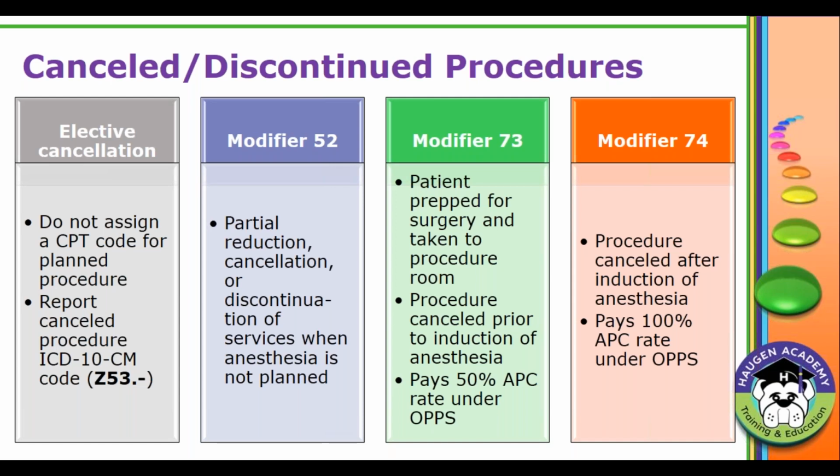Modifier 74 is the procedure cancellation after induction of anesthesia, and when you append modifier 74 to your procedure code, you get 100% of the APC rate under OPPS. You can see that that makes a pretty big difference in payment between modifier 73 and 74. By the way, modifier 52 pays at a 50% rate as well.